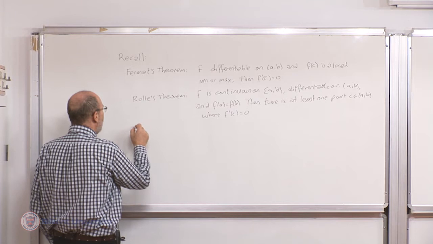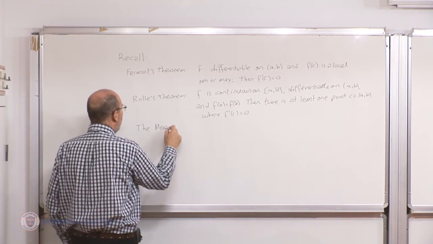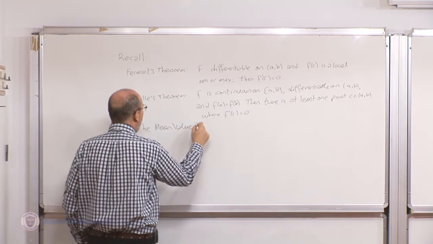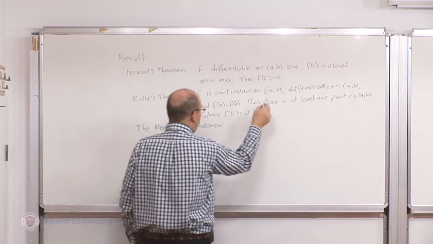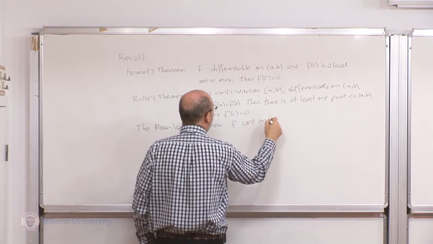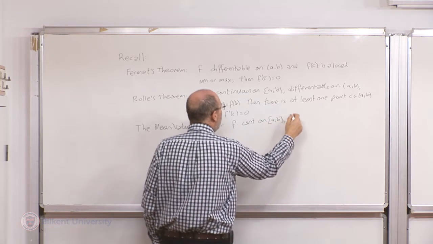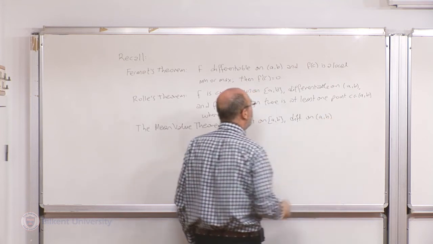And then we have finally the mean value theorem. This is the big thing, the mean value theorem. The same thing, f continuous on A, B, differentiable on the inside.